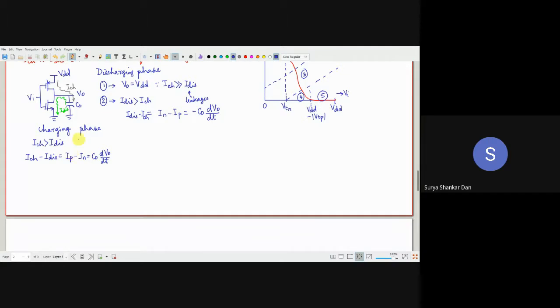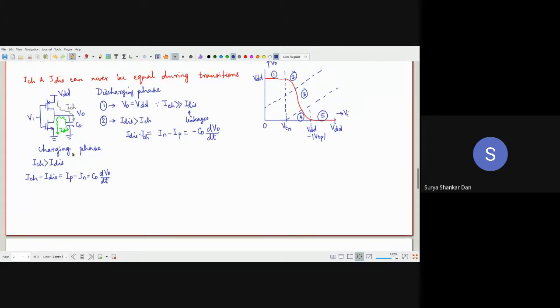That's how we have done all the switching analysis. Similarly, in the discharging phase, we were always considering only the IN, and we ignored the IP. But please remember, during the transition between regions 2, 3, and 4, both the transistors are switched on. So there will always be a charging current and a discharging current, even though we are doing an approximation and neglecting one over the other.